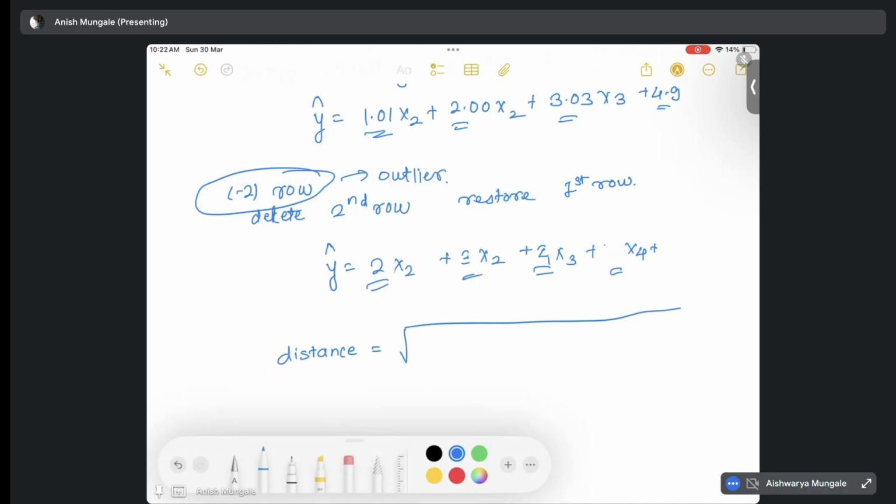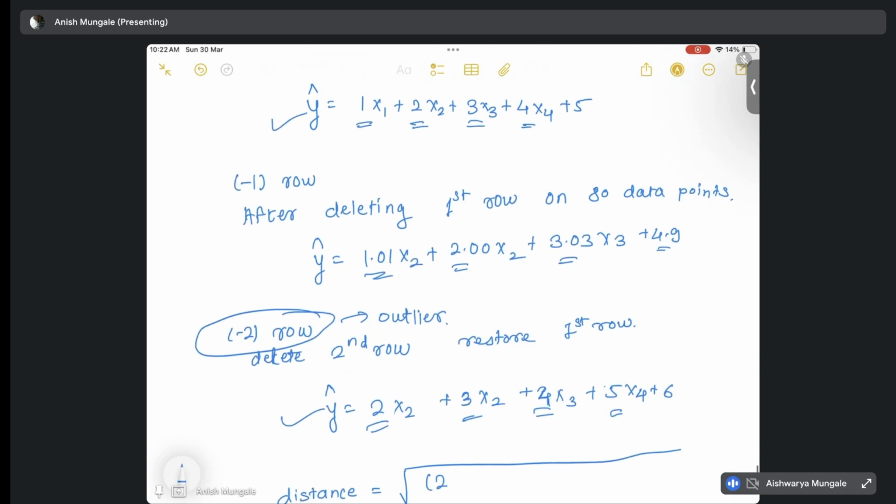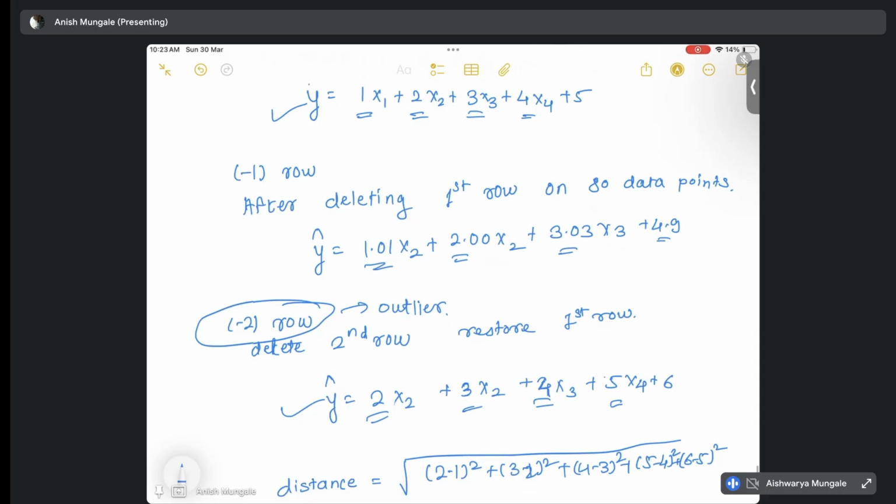So this was my initial model. This is my final model. So 2 minus 1 square plus 3 minus 2 square plus 4 minus 3 square plus 5 minus 4 square plus 6 minus 5 square. This is how you will calculate the distance.